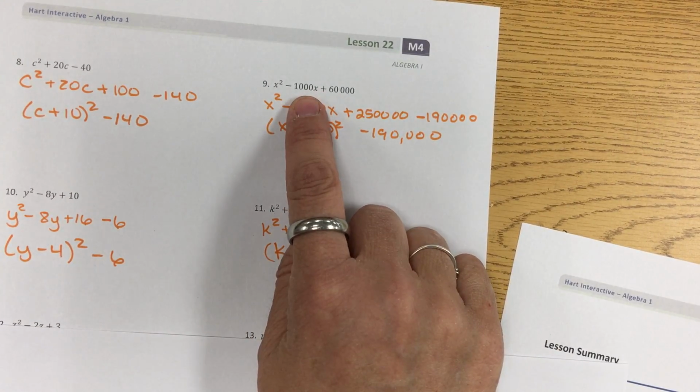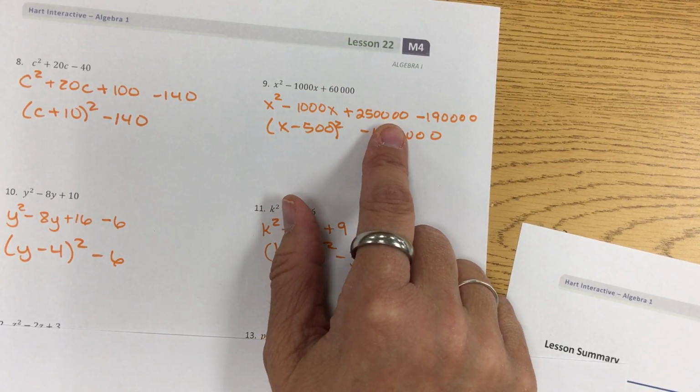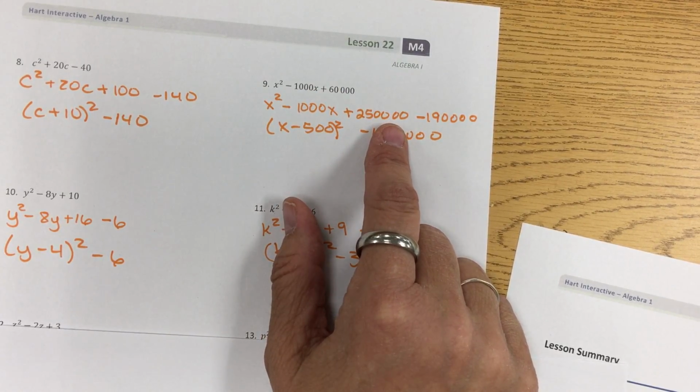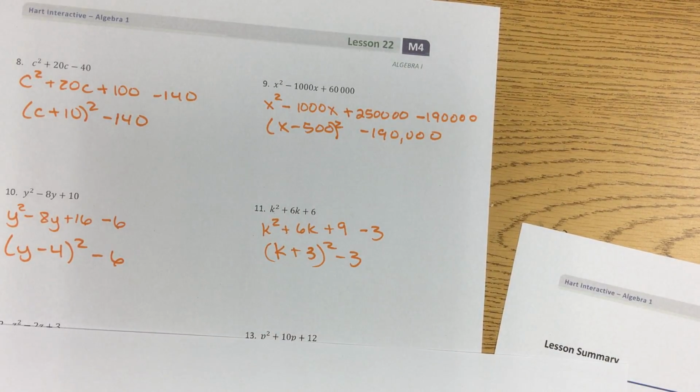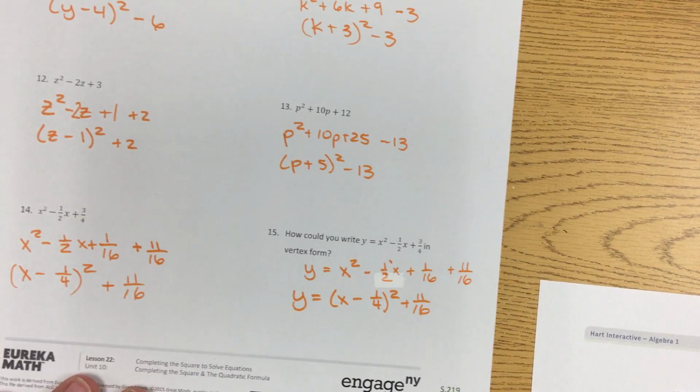Over here you took half of this and got 500 and squared it. Should have gotten 250,000. Okay? Go ahead and pause the video and do the next ones. And the answers to these.